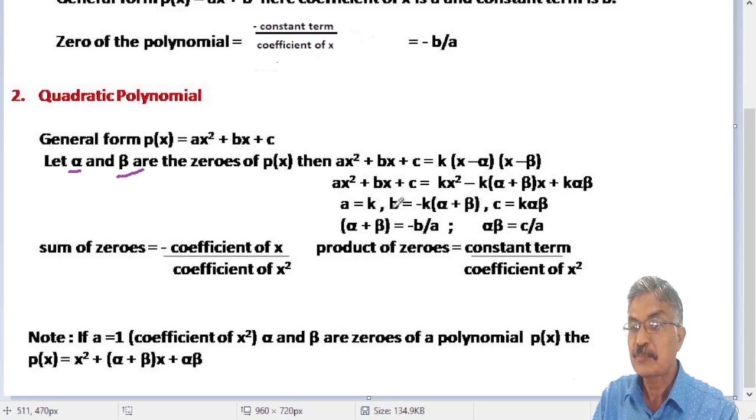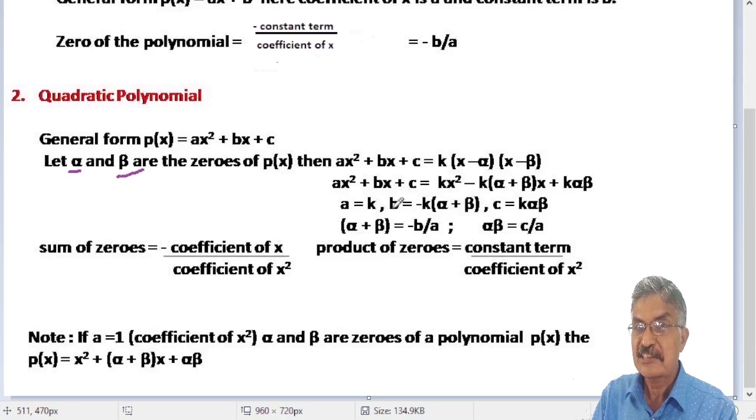Then alpha plus beta is equal to b by minus k. Here k is a, so skipping one step forward, alpha plus beta is minus b by a. Alpha beta is equal to c by k, and k is a, so that is c by a.